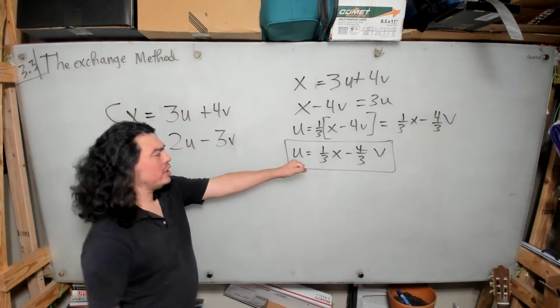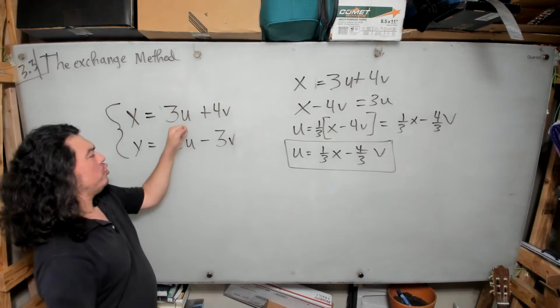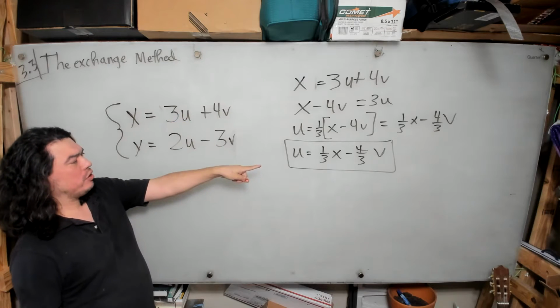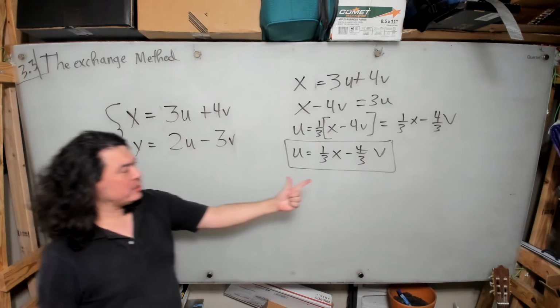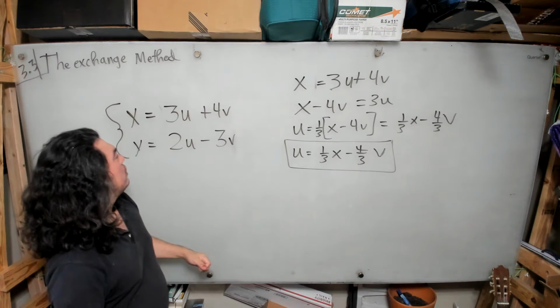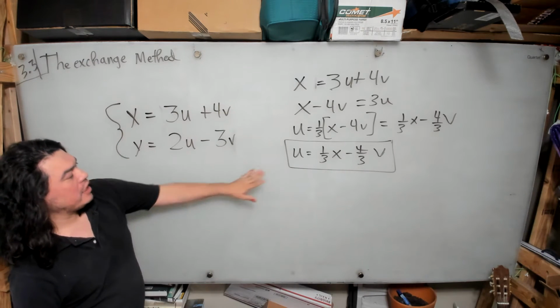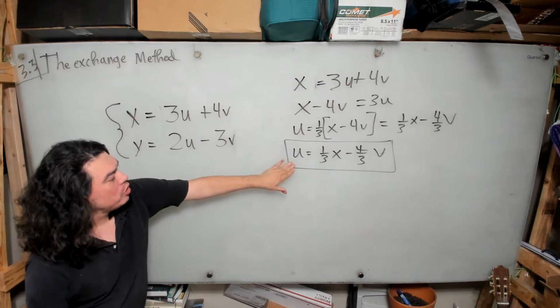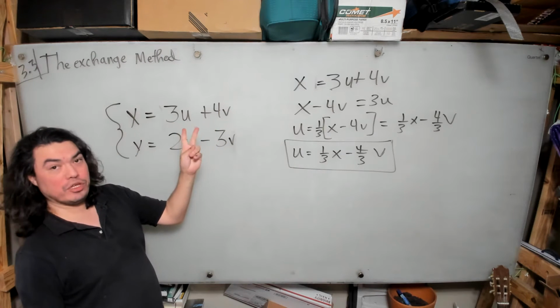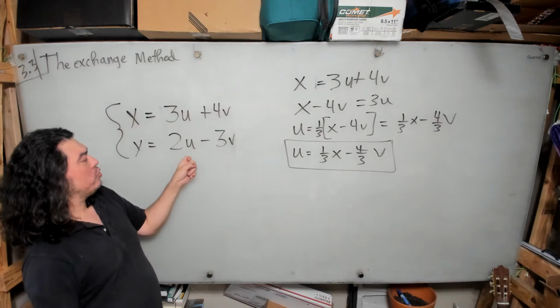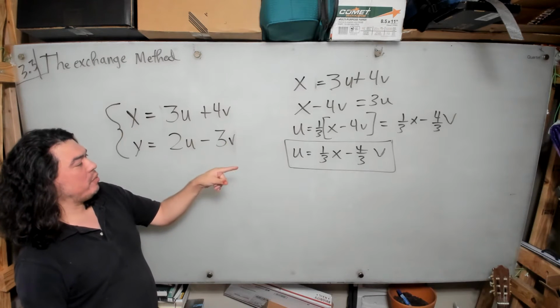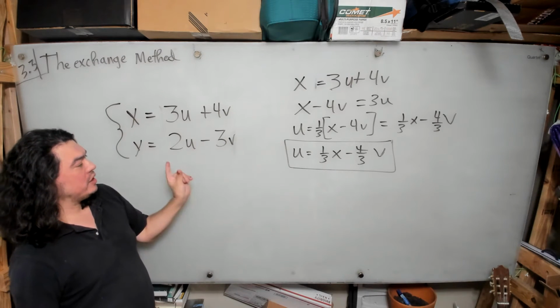And now if you notice, I can replace u in both of these expressions with this expression. Strictly speaking, I can just replace the first equation with this one because I've switched out the u and the x. But now to replace this u with the x, I'm going to plug it into the second one.